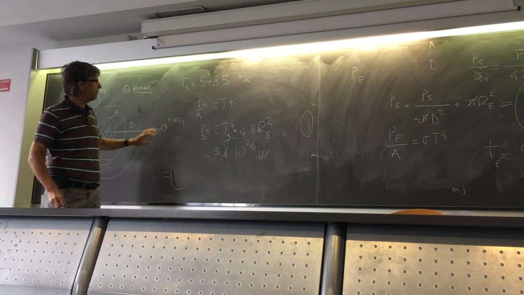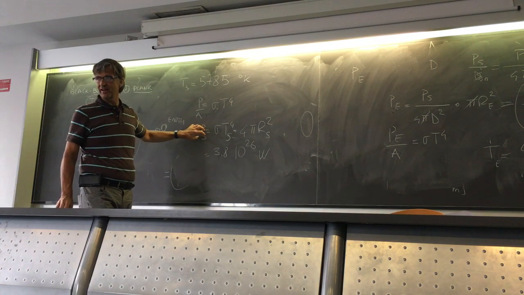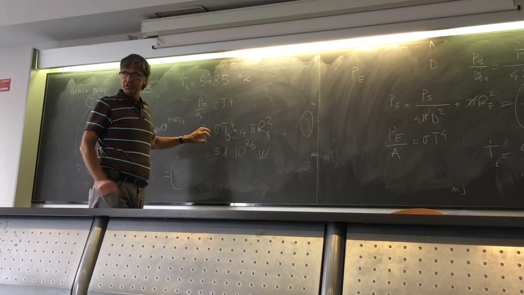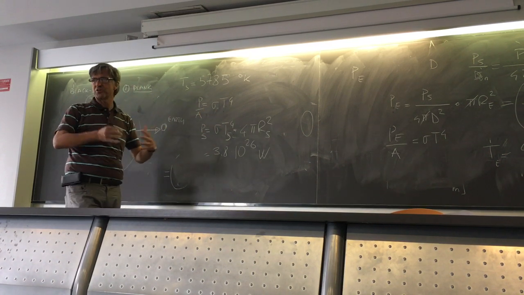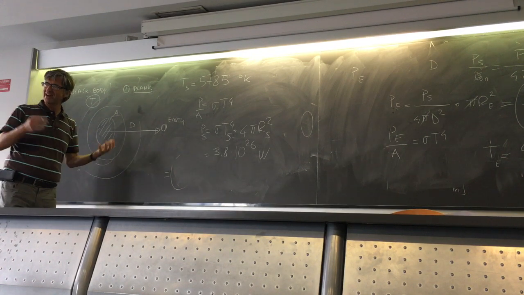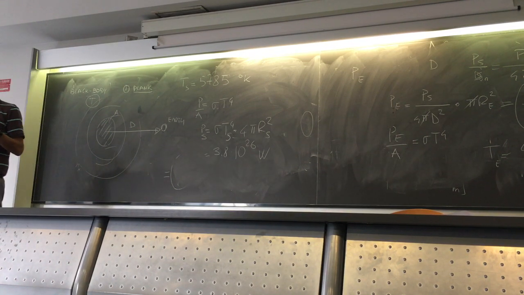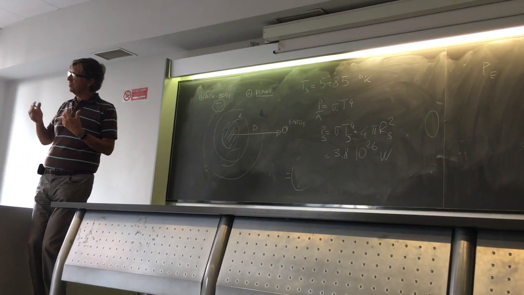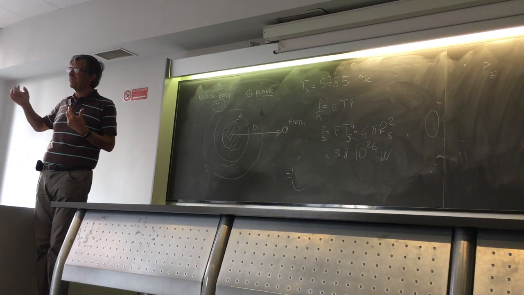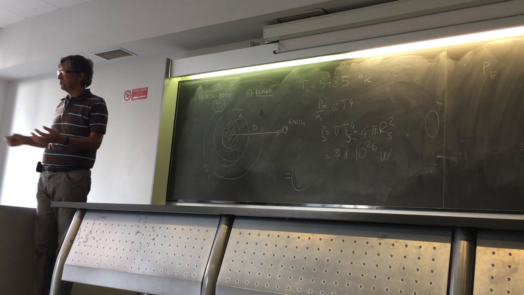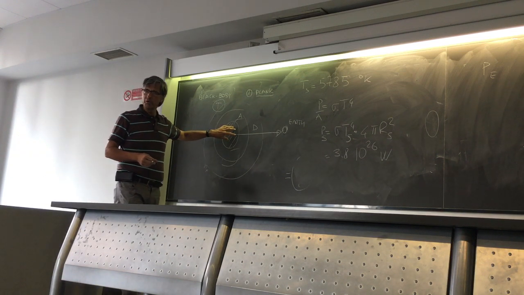First of all, you find the radiated power. All this power is radiated and is also received from the other stars and so on, because it's in thermal equilibrium. Actually, it's not in thermal equilibrium because the star is cooling and will switch off, but this happens in millions of years, so we can consider thermal equilibrium.